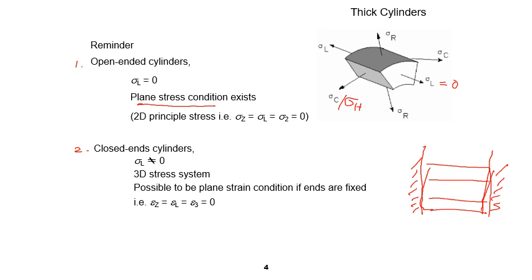So there is no strain in the longitudinal direction. If there is internal pressure Pi and external pressure Po, it cannot expand longitudinally. So sigma L is not 0, but strain L is 0. In that case, it's plane strain, but only in this case.